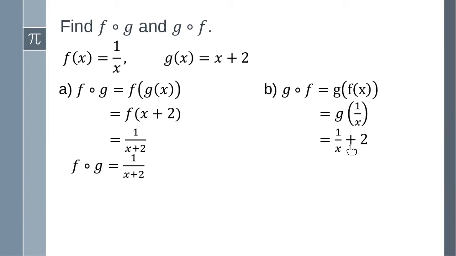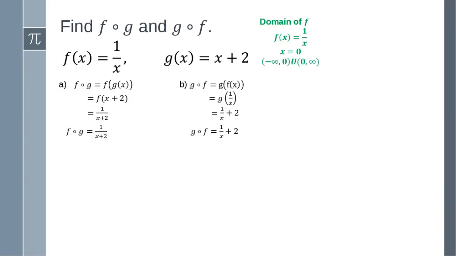Okay, so we could combine these, but again, the computer, if you give this answer, it's going to mark it right for you. Okay. So our composite function for f dot g, again, the answer is 1 over x plus 2. The answer for g composed of f is 1 over x plus 2.